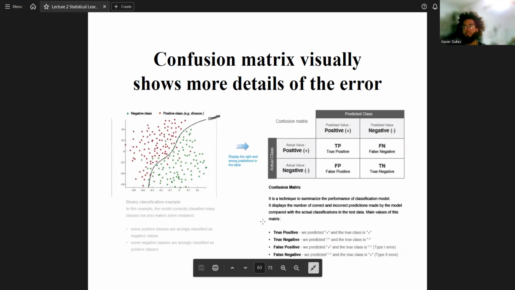A true positive is, of course, when we predict somebody has cancer and they do have cancer. A true negative is when we say this person does not have cancer and it is correct that they do not have cancer. Then you have a false positive, where we say somebody has cancer, but they do not.